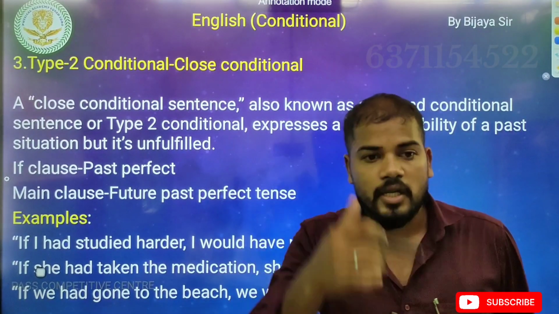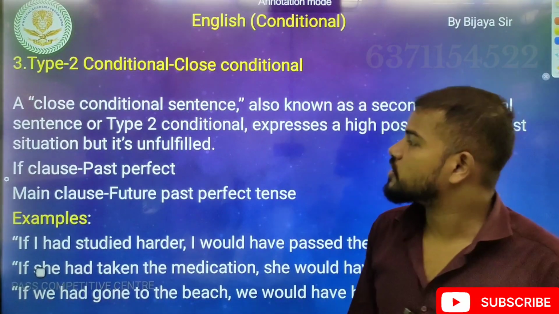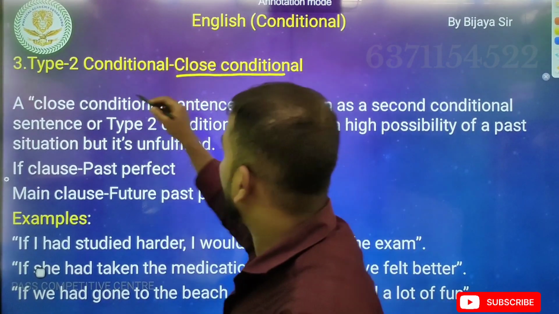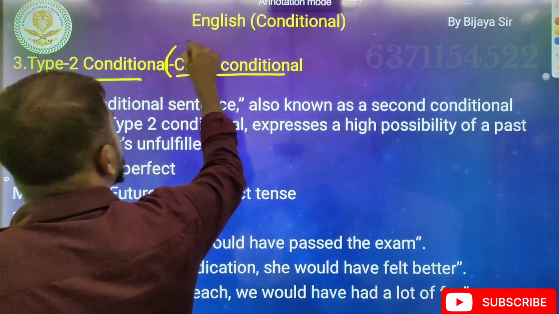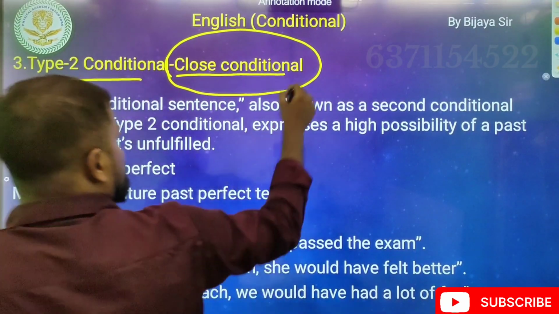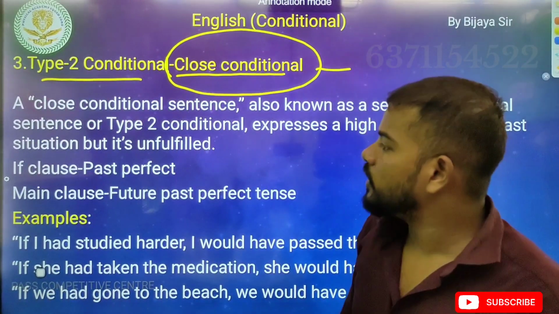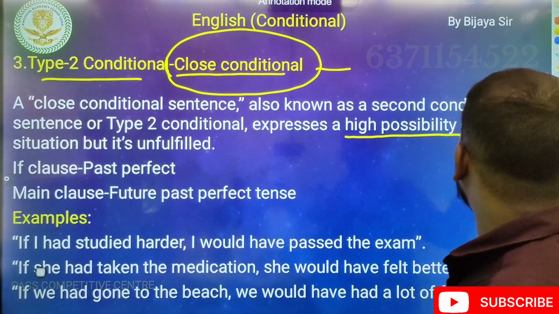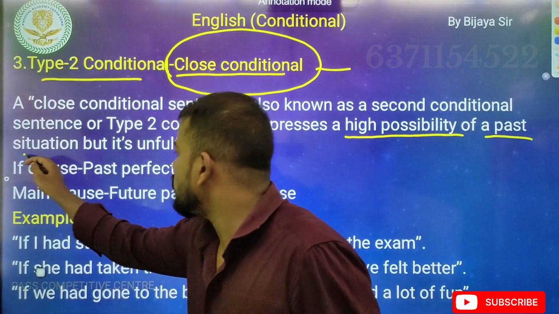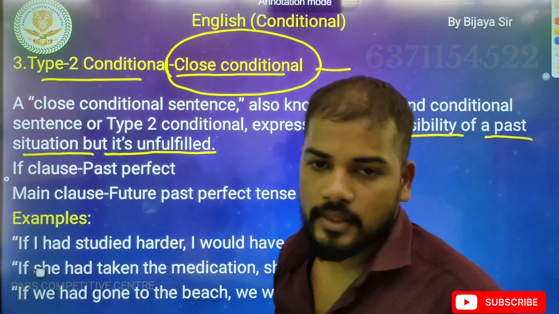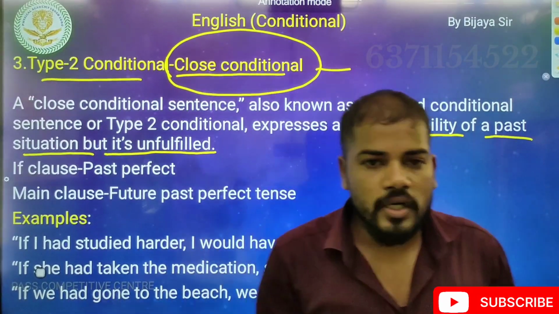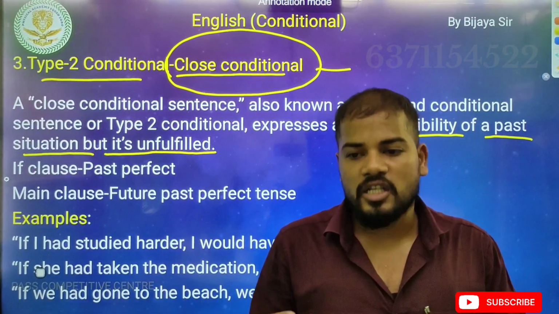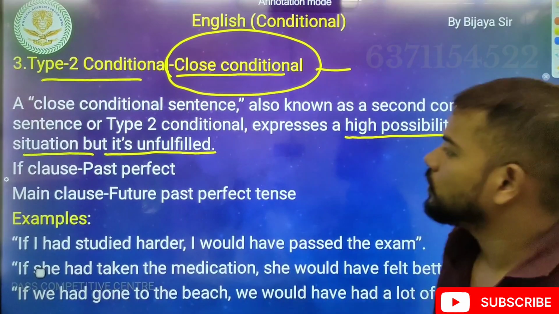Our next type is type 2 conditional, which is known as clause conditional, dear students. In this type of conditional, we will read a high possibility of a past situation, but it is unfulfilled or incomplete.